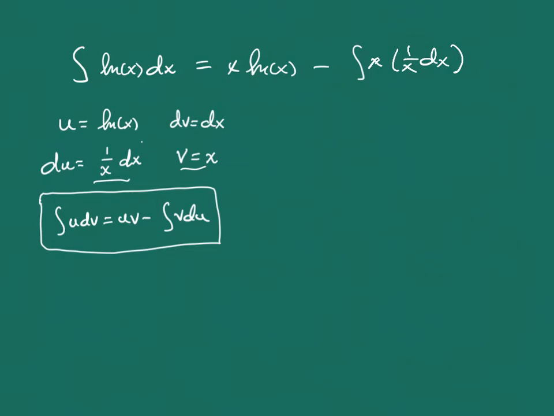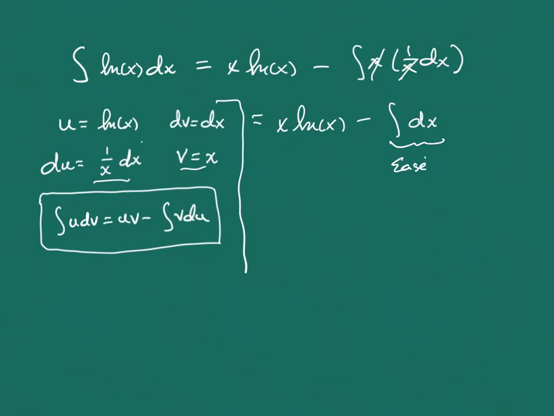And so what happens in the second integral, our x's cancel out at that point, and so we're just left with x times the natural log of x minus the integral of dx. So in this case, we know that we've made a good choice for u and v because our second integral does become easier at that point.